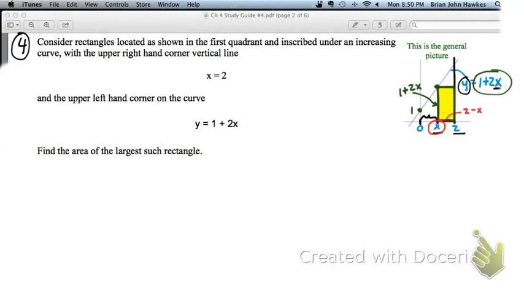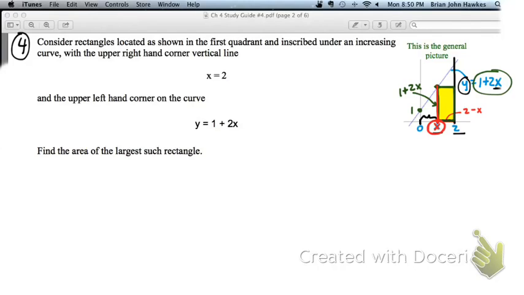Notice that the height of the rectangle is dependent upon x, so x better be the x coordinate of this point right up here, but also the left-hand side of this rectangle. So x represents the x coordinate of the left-hand side of the rectangle.